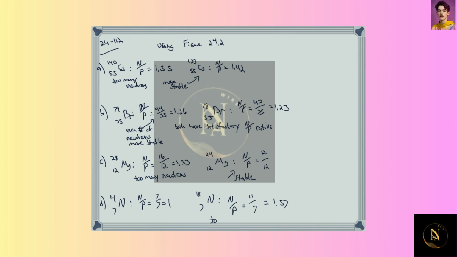So we go down to 7 protons. There's really nothing stable that has more than maybe 8 neutrons. So the fact that we have 11 neutrons with nitrogen-18 suggests that this is very unstable, and nitrogen-14 is the stable isotope of the pair.